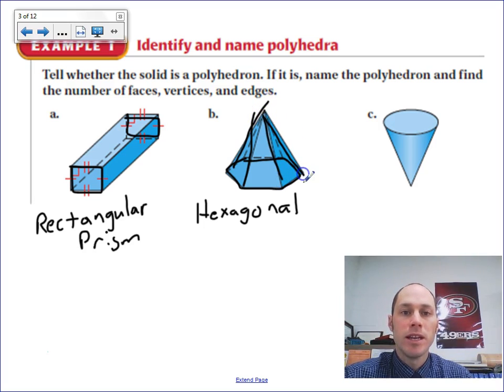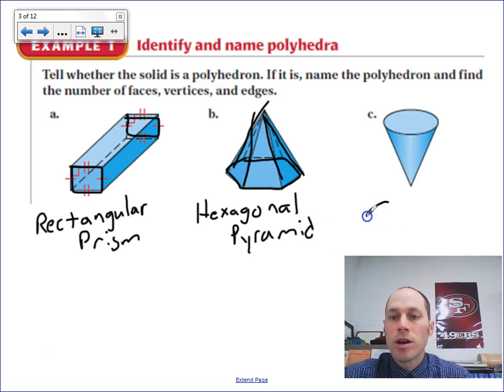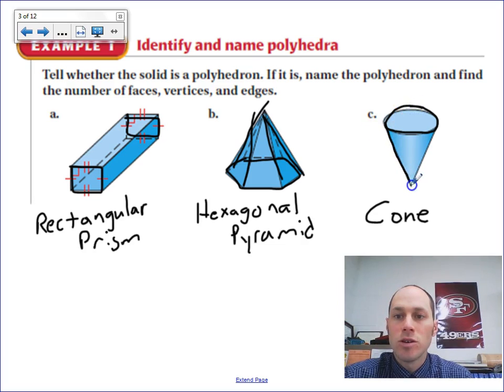They don't maintain their same shape all the way through. And then the next one is not a polyhedron, but we call this one a cone. It's not a polyhedron, remember, because it's not made of polygons. This circle is its base shape, and it then goes down to a point, but it is not a polyhedron.